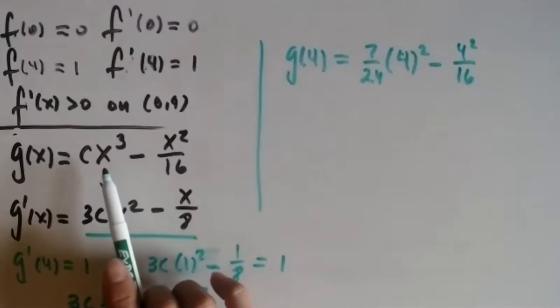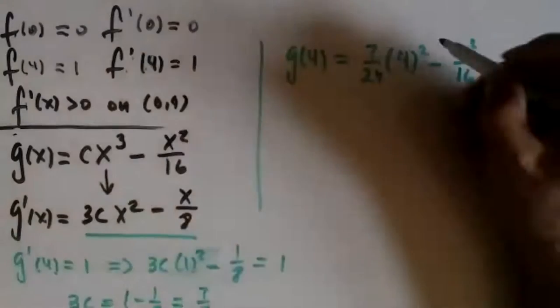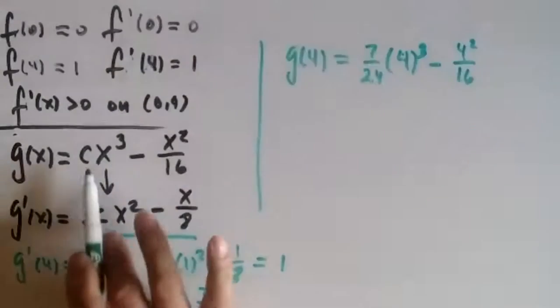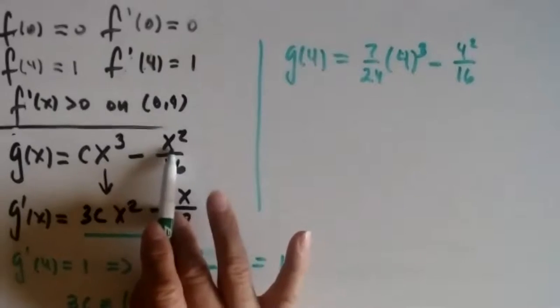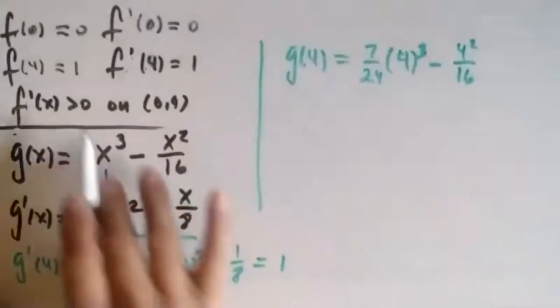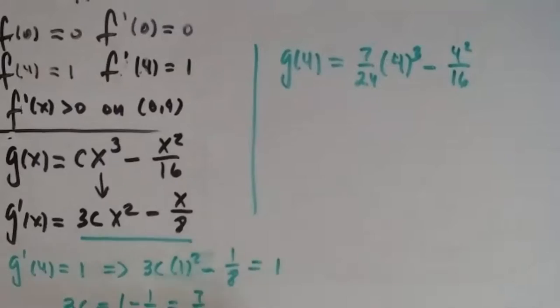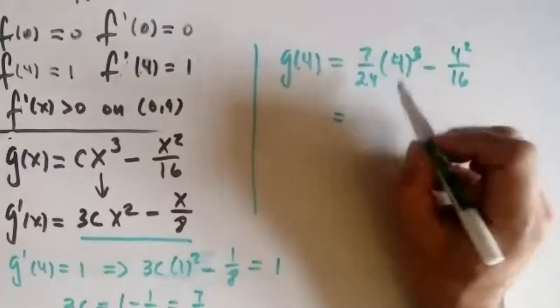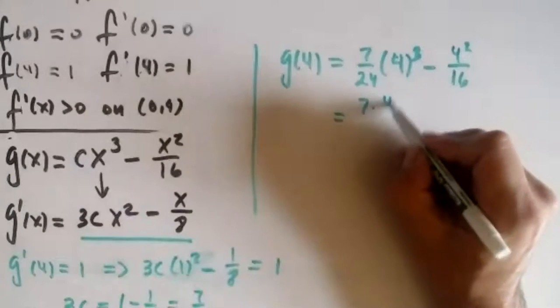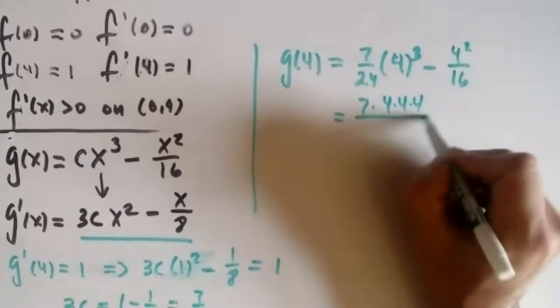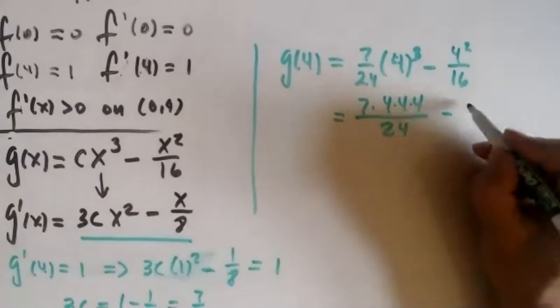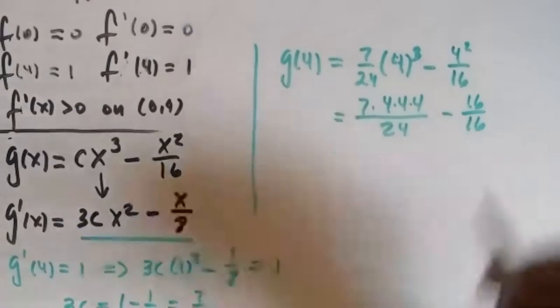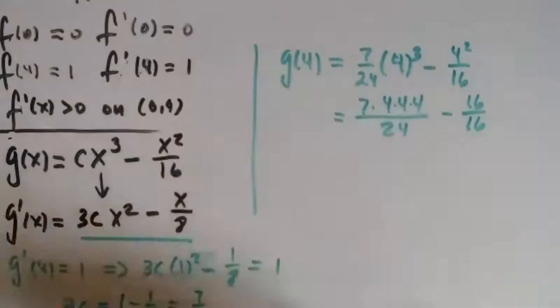So I'm just going to evaluate this at 4, and this is cubed. This at 4, this at 4, and then I'm going to check if this gives me a 1. I don't know, I just have this question. So this is going to be 7 times 4 times 4 times 4 over 24. Remember, there is no calculator here. 16 over 16, correct? Okay, this is a 1.